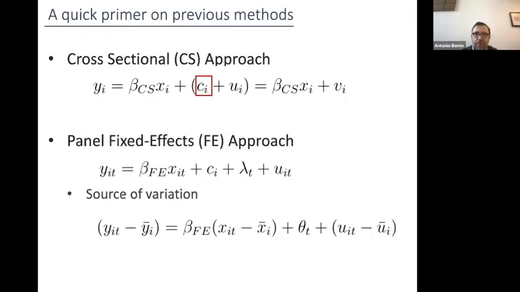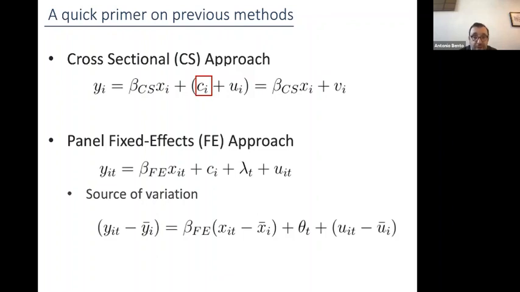So when we look at the two traditional approaches, you can immediately see that the problem with the cross-sectional approach, represented here in the first equation, is just the standard omitted variable bias, denoted here by CI.